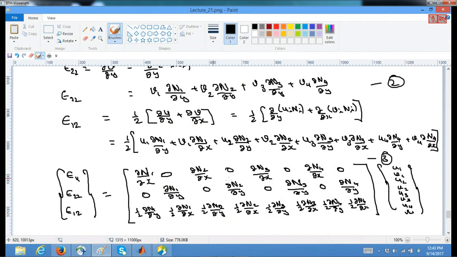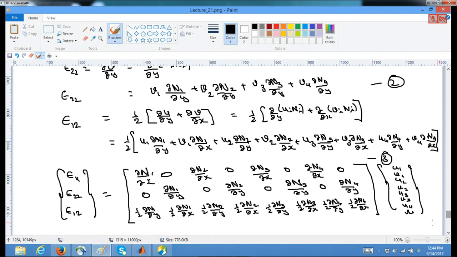Now if you look at it, if I take this first row, this times u1, the second is 0, dou n2 by dou x times u2, next one is 0, dou n3 by dou x, and next one is 0, dou n4 by dou x times u4, that is nothing but your equation 1 for epsilon 1 1. Similarly, equation 2 is this row, and the third row is the equation for epsilon 1 2.